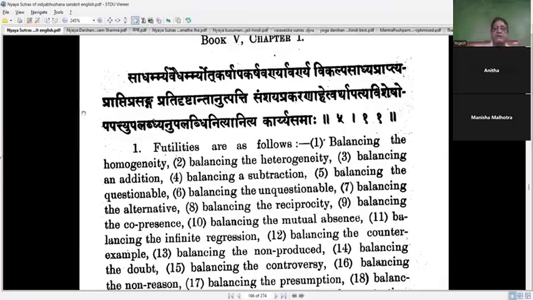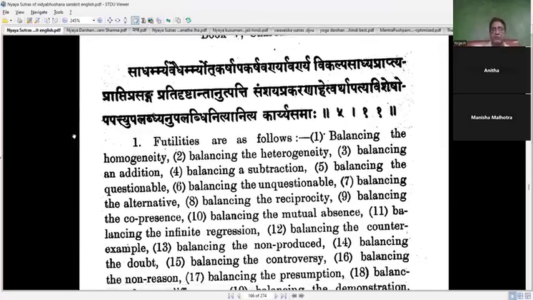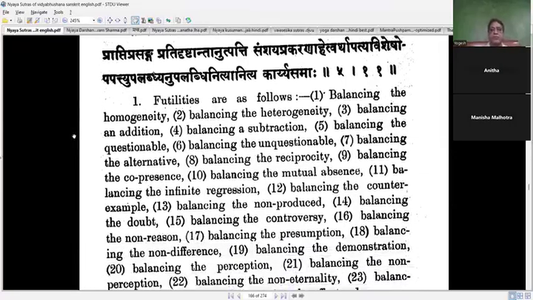Then sanshaya, if there is a doubt regarding some certain things. Sanshaya, doubt. Then prakaran, balancing the controversy. Hetvartha, balancing the non-reason.